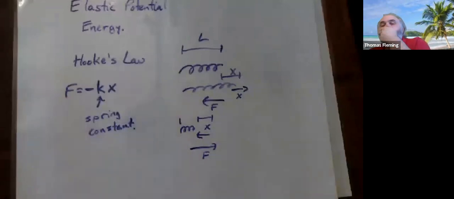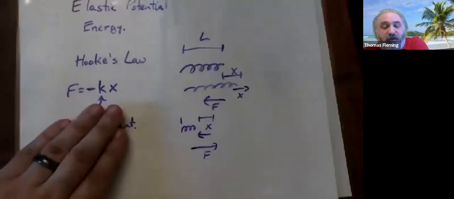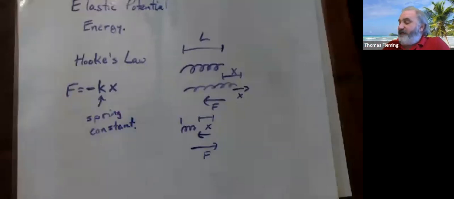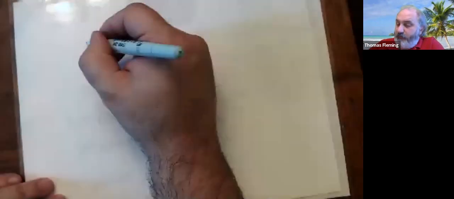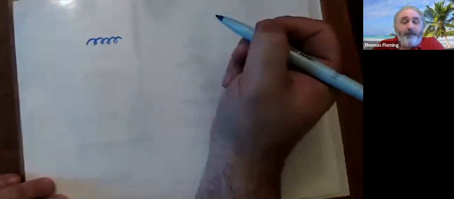Now, this tells me how much force the spring exerts. What it doesn't tell me is how much work that spring is doing as I compress it. And here's where things are going to get a little bit complicated. Because what's going to happen is if I have a spring and I start it out at its regular equilibrium length, right?